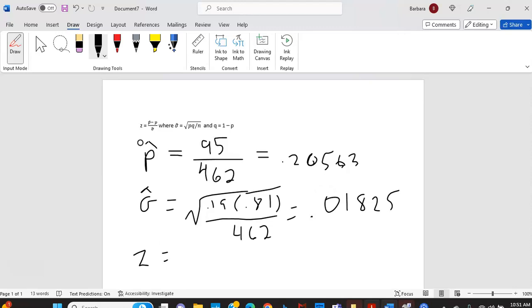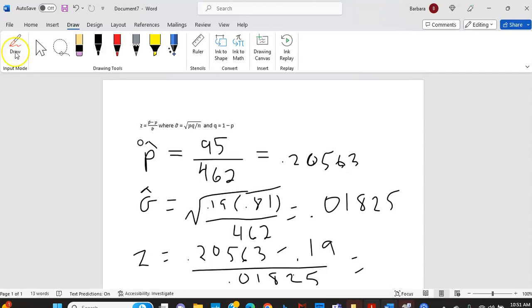All right, now let's fill in our test statistic. P hat is the 0.20563 that I got before. P is from our null hypothesis, it's 0.19. And then our sigma hat on the bottom is 0.01825. So let's do the top calculation.